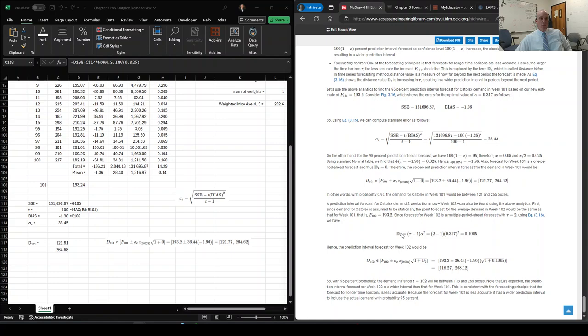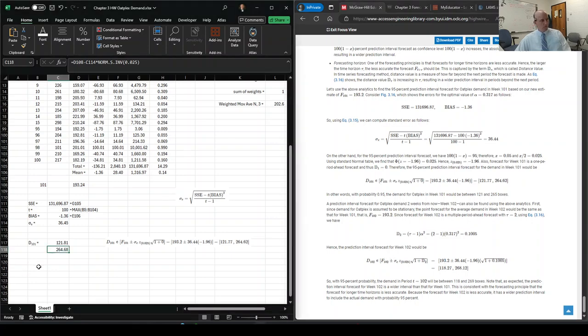But what we're doing is we're approaching it from a little bit different angle because we're looking at multiple periods ahead. And so there's a little bit different ways to do that. Once we do that, that gives us this 0.1005. We use that to come back into the prediction interval forecast for week 102.